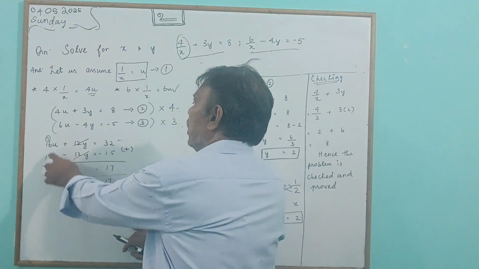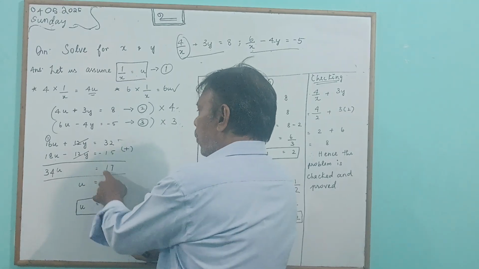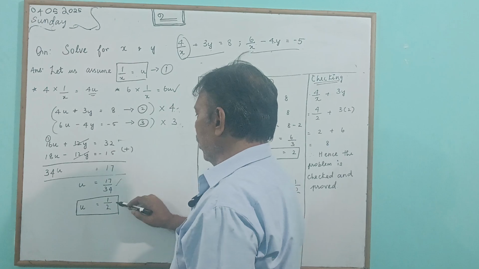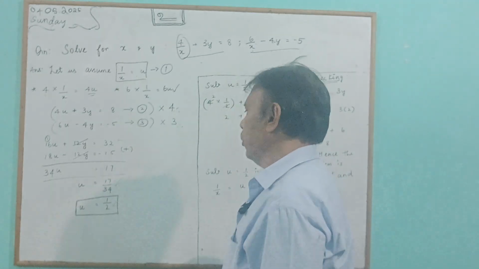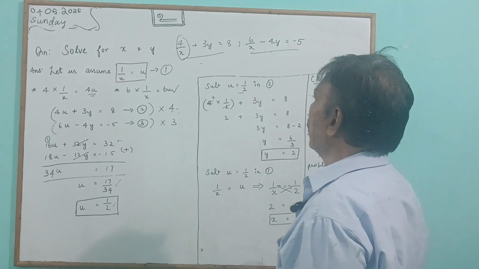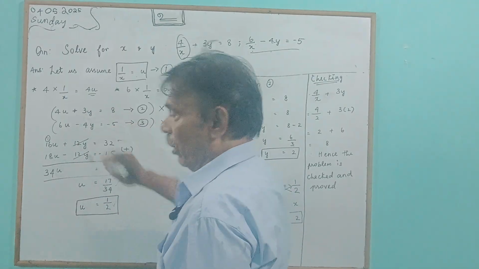Now 16u plus 18u becomes 34u. 32 minus 15 becomes 17. So u is 17 by 34, u is 1 by 2. So you have got u is 1 by 2. Now we can substitute in this equation to get y.